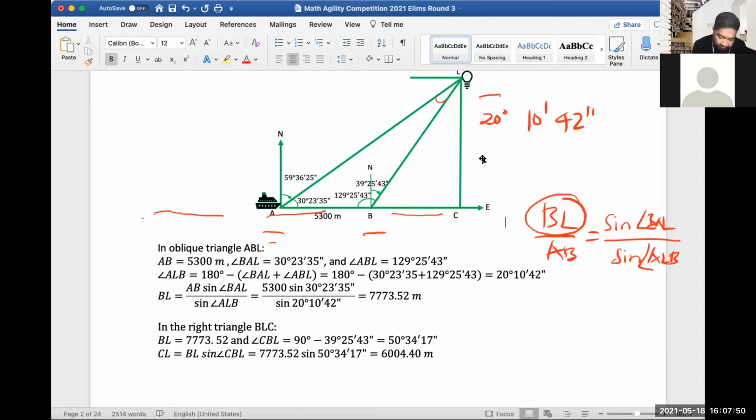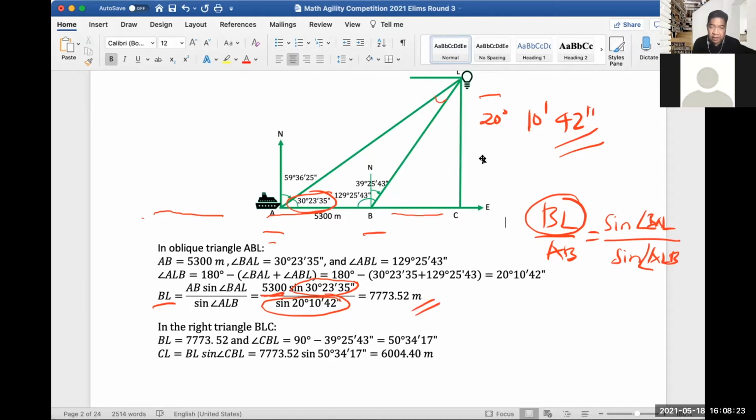AB, we know that it's 5,300 meters. And then we already know that BAL is 30 degrees, 23 minutes. And then what is sine ALB? That's the 20 degrees we already solved, which is here at the denominator. So we'll be able to solve BL, which is 7,723.52 meters. Okay.